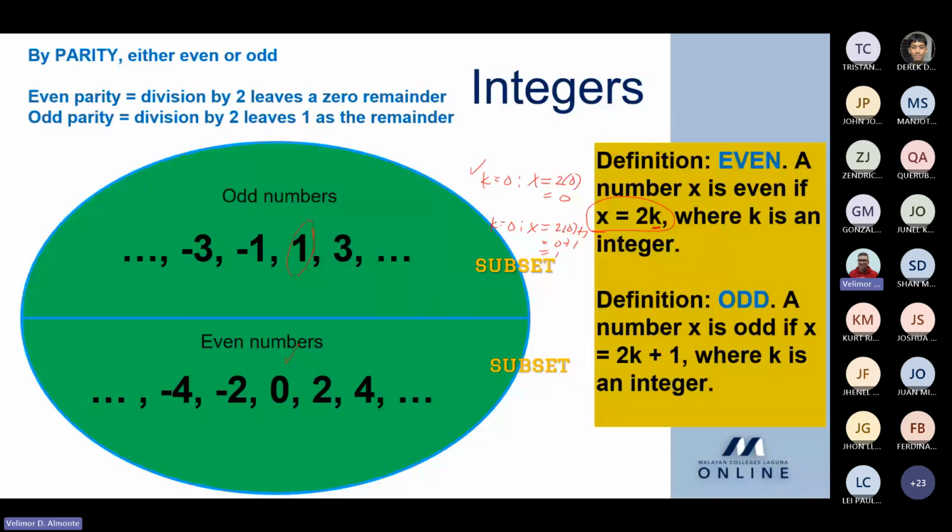You can use other integers and test whether that would be even or odd. Just plug in the formula. This one is 2k plus 1. And 2k, by implication, is always divisible by 2. That's a property of an even number. So that's called parity.